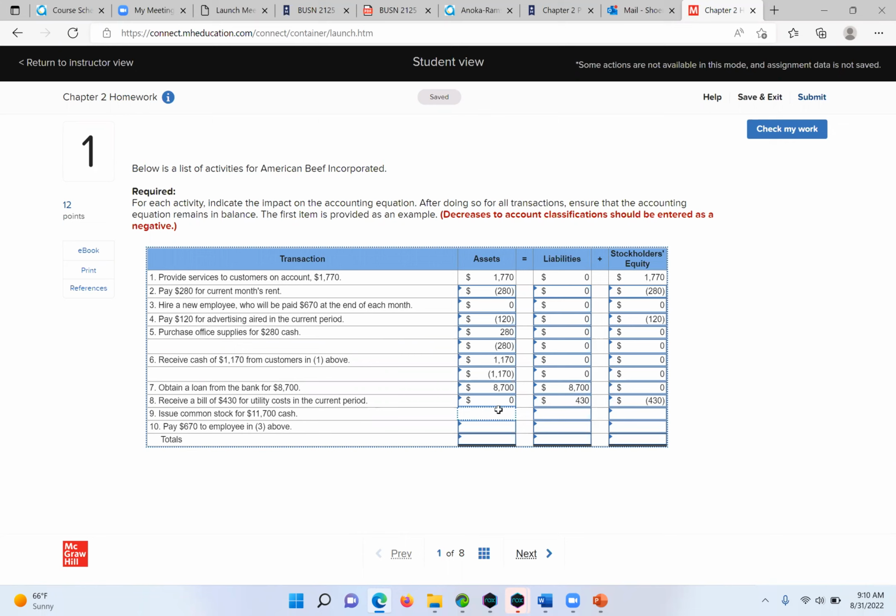Assets weren't affected. Our liabilities went up. Our stockholders' equity went down because we know expenses decrease stockholders' equity. But guys, do we still balance? We do. Okay.